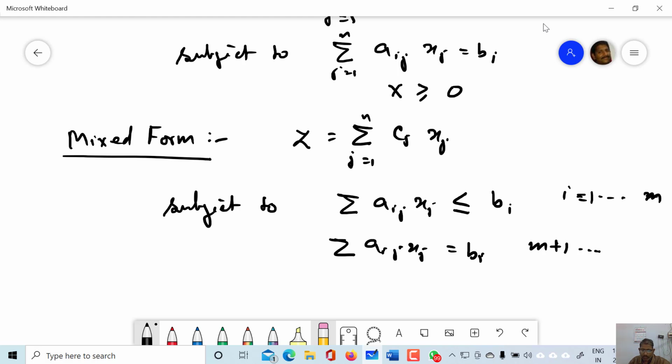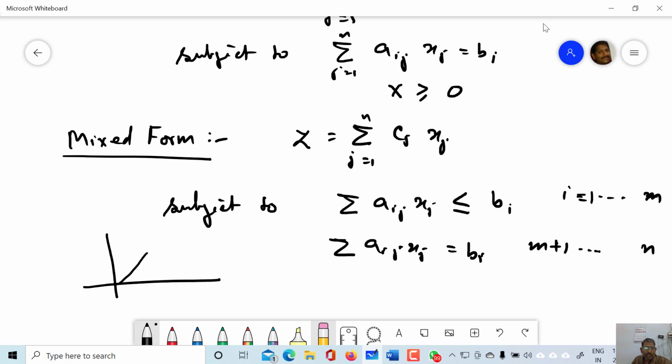suppose it is n. Okay. So from m plus 1 to n, it will be satisfying this condition. So this is like if I want to plot a graph, then it will be like this.